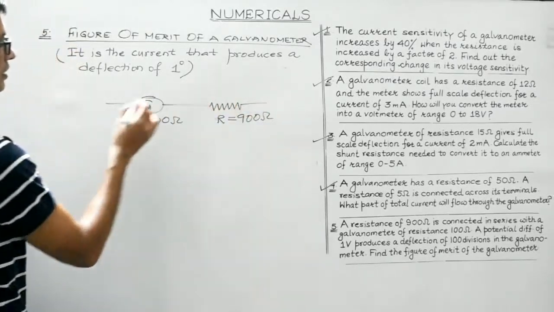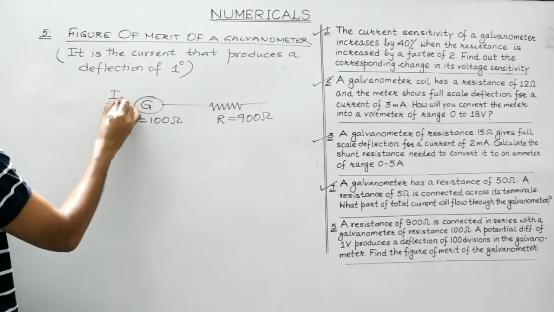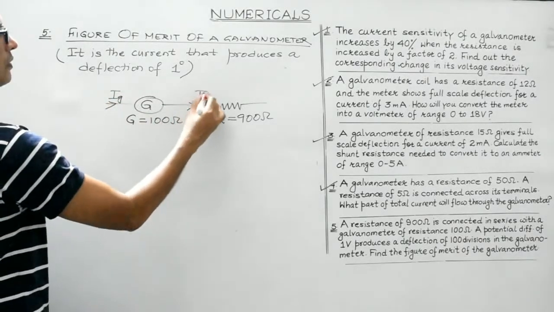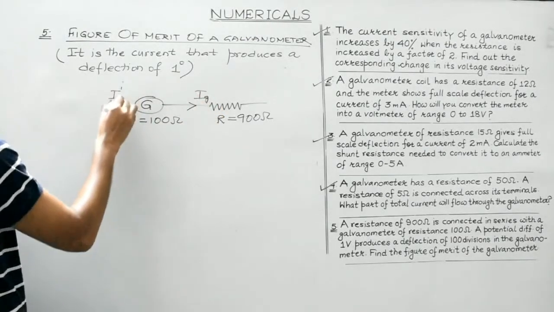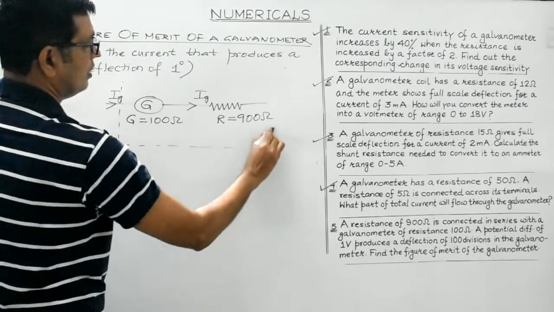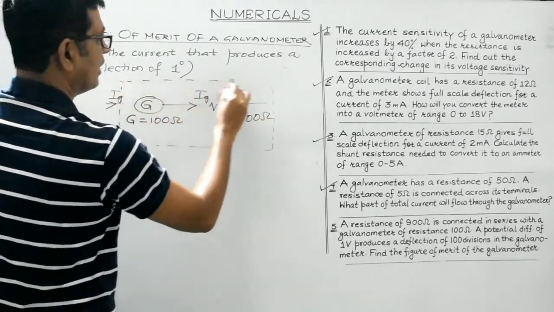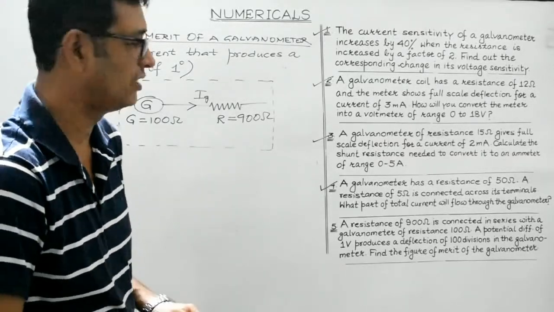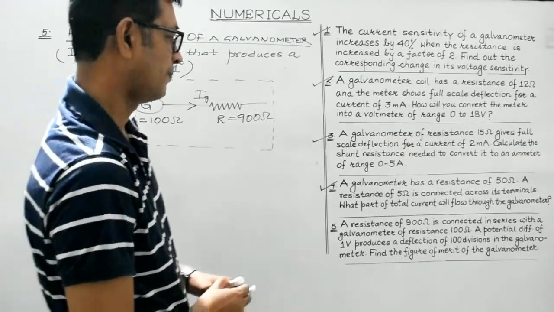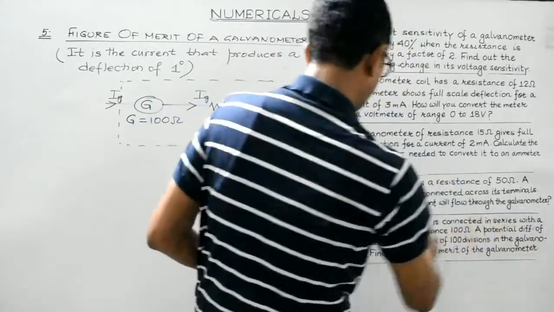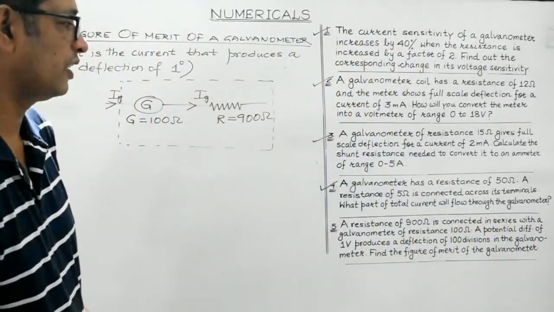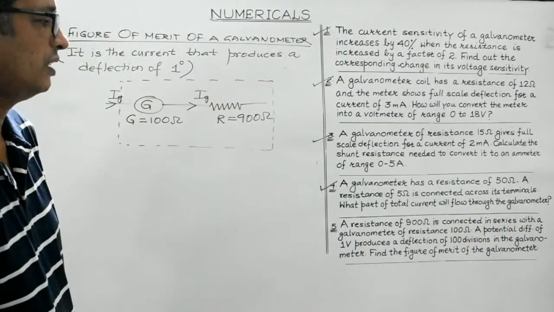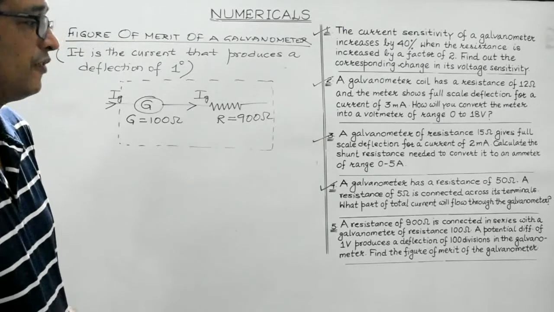Both are connected in series, so the current would be constant, obviously. This will constitute a voltmeter. The series combination of high resistance wire with the galvanometer coil constitutes a voltmeter, right? And a potential difference of 1 volt produces a deflection of 100 divisions in the galvanometer. Find the figure of merit.